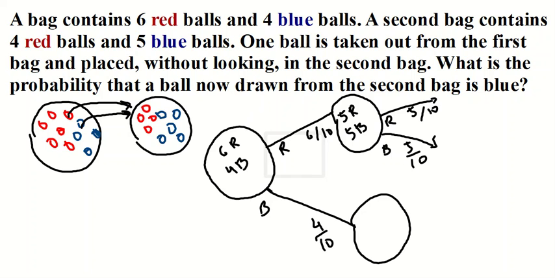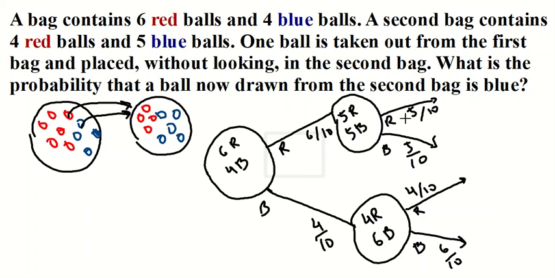Like I've mentioned before, if we are selecting a blue ball from our first bag and placing it in the second bag without looking, our number of blue balls in the second bag will increase by 1. So we will have 4 red balls and 6 blue balls in the second bag. And if we select a red ball from our second bag, it will have a probability of 4 by 10. And if we are to select blue from our second bag, it will have a probability of 6 by 10.